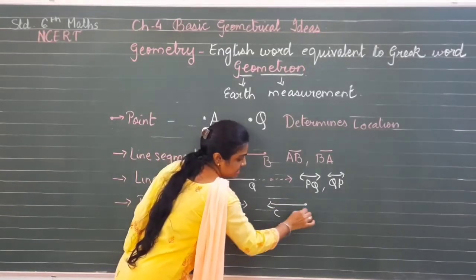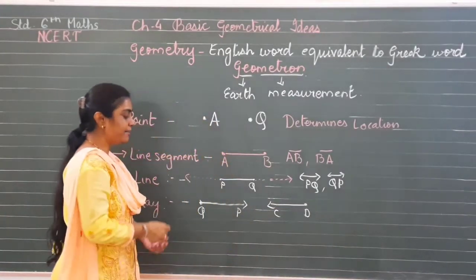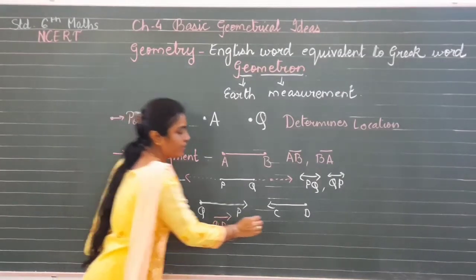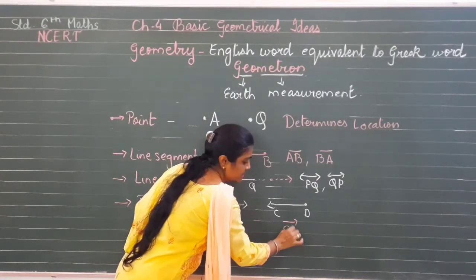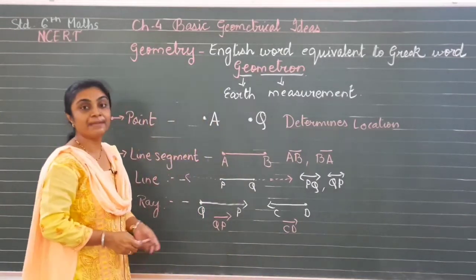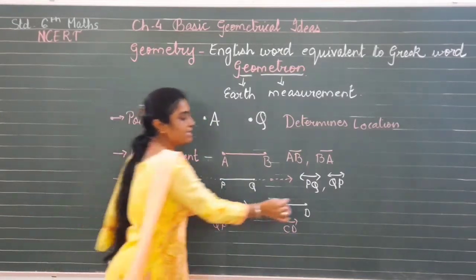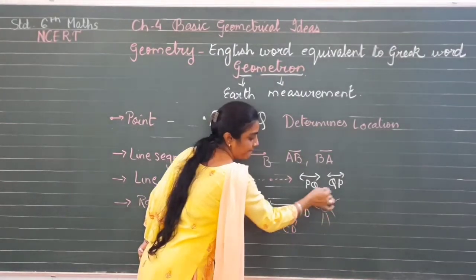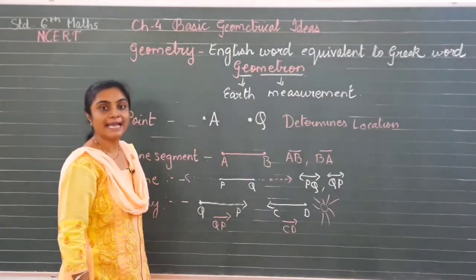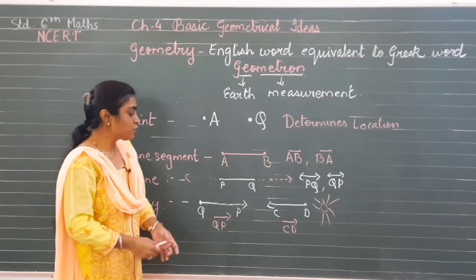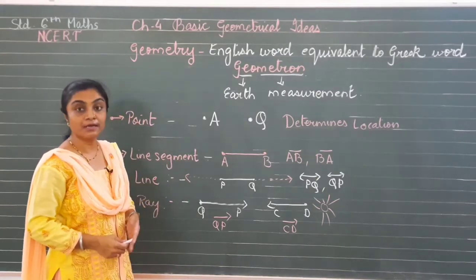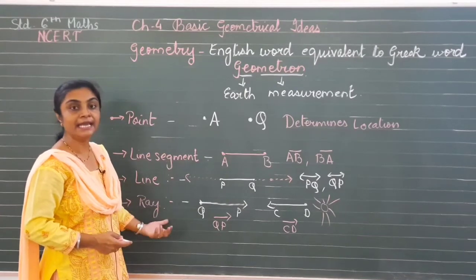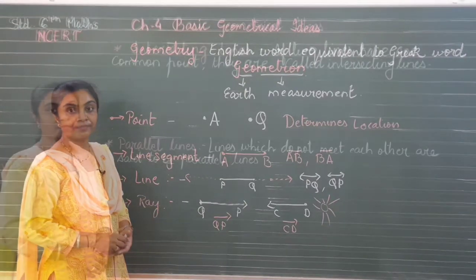Suppose it is CD. So it can be referred to as ray QP or ray CD. For example, the rays of the sun. Suppose the sun is your origin and the rays which are going out form an example of a ray. So, this was about the basic terms, that is point, line segment, line and ray.